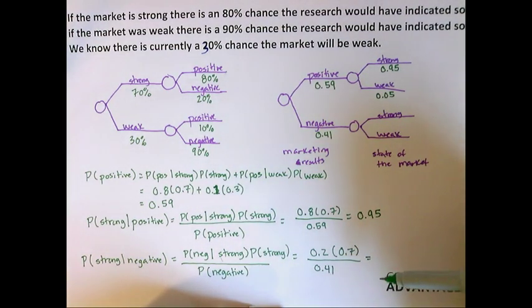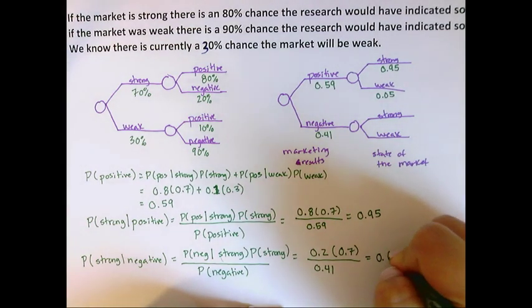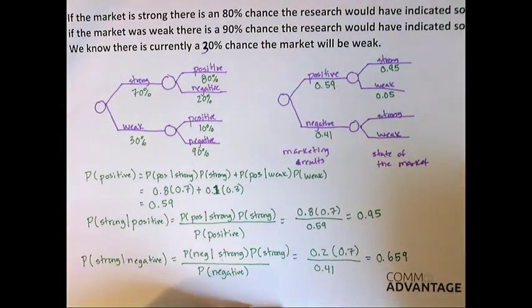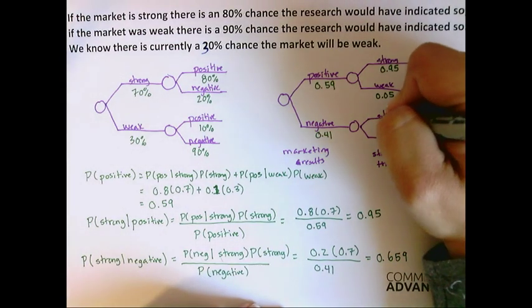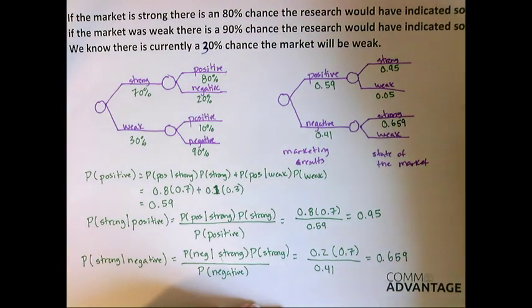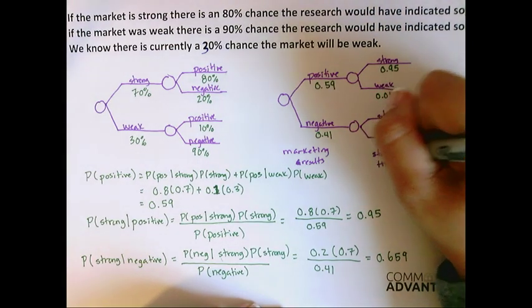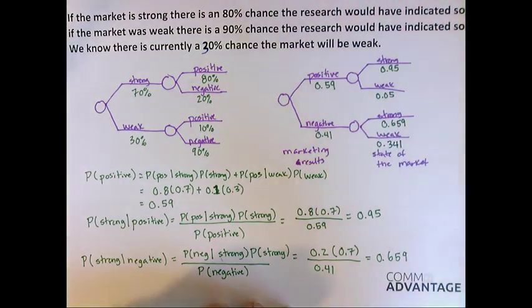And so if I calculate this out, it's going to give me a probability of 0.659, and I can put that right on my chart. I've got 0.659, and then my resulting probability here is just 1 minus that, so it's going to be 0.341.